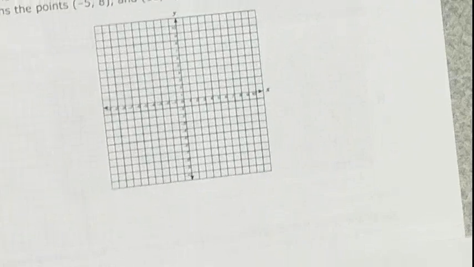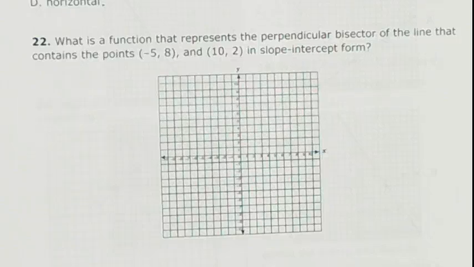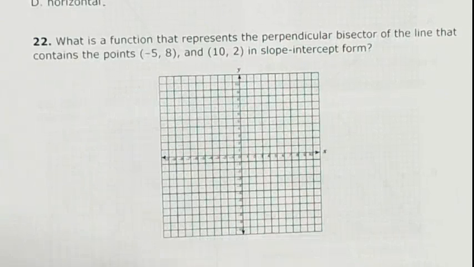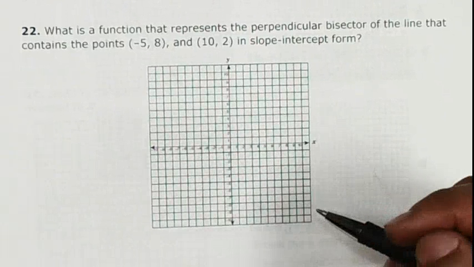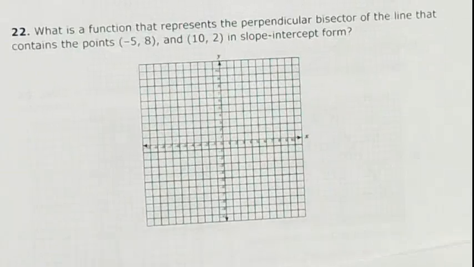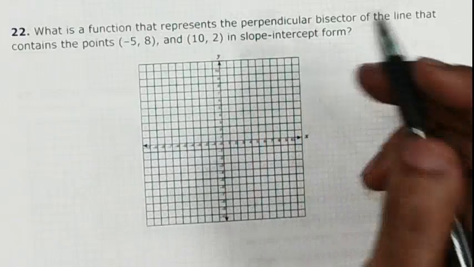All right, for 25, it says what function represents the perpendicular bisector of the line containing these points in slope-intercept form. To do this one, there's going to be lots of steps, so I'm going to try to break it down for you. The first thing I need to find is the midpoint of these two.